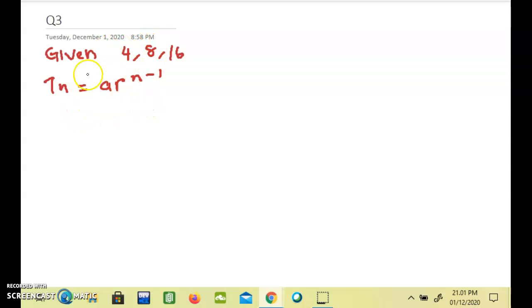So for this question, this is how to find the Tn, and if you want to find the sum of the numbers given in the geometric sequence, you may use the formula given as Sn equals to. Here we have two types of formula, whereby if your r is greater than 1, this will be your formula, and if your r is less than 1, the formula will be a bit different.